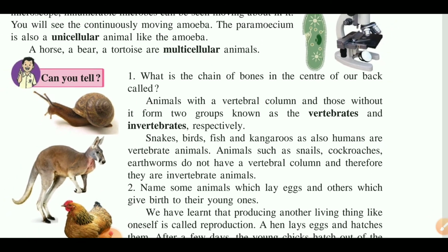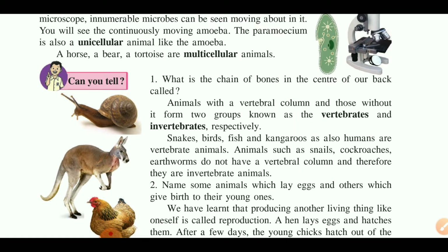Now, what is the chain of bones in the center of our back called? If you check your backbone, there is a small chain of bones. This is called the vertebral column, and every human being has one, and some animals also have it, and some don't.